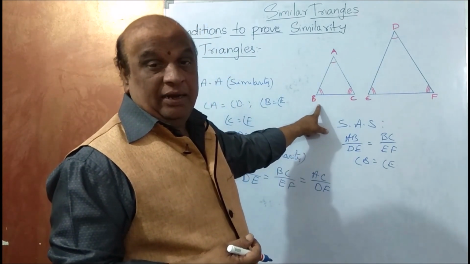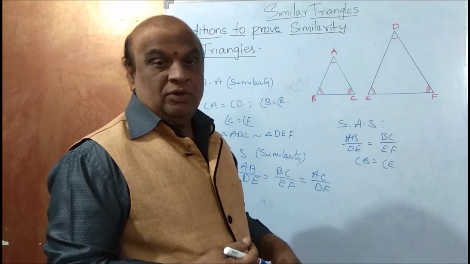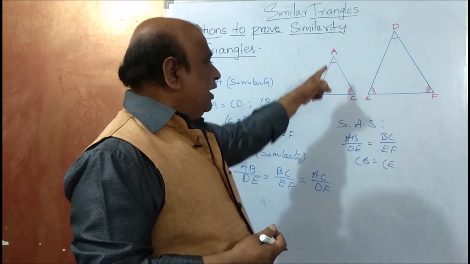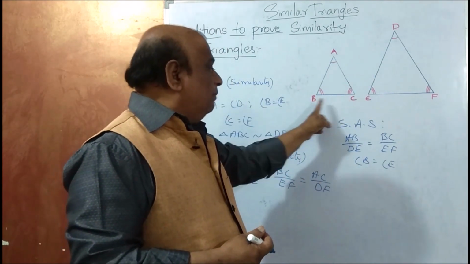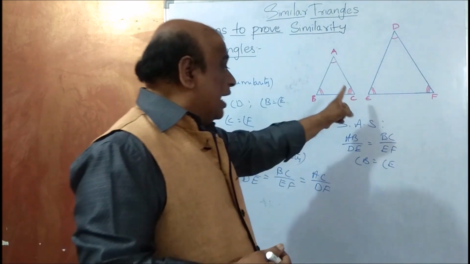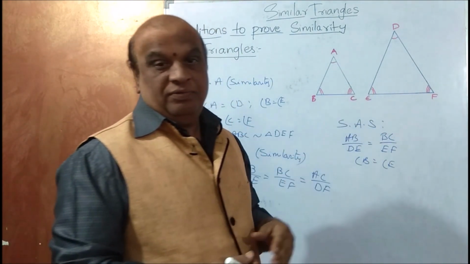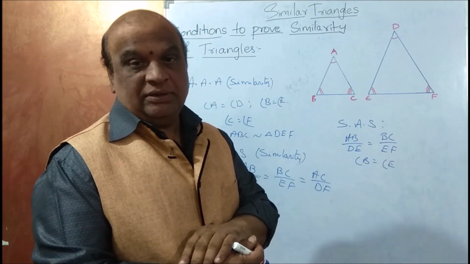This is the middle angle, angle B is equal to angle E. Suppose you are taking AC by DF is equal to BC by EF, then which angle do you have to take? Angle C is equal to angle F. So this condition is very important.